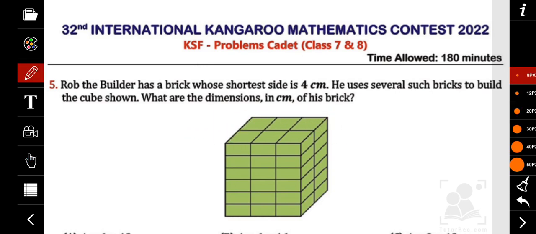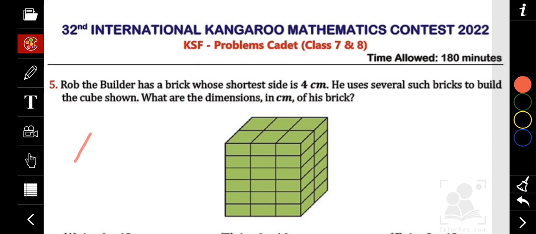First of all, we need to understand that when it is said that the smallest dimension of the brick is 4, that means if a brick is something like this, in this case we see the smallest of the dimensions of the brick is obviously the height.